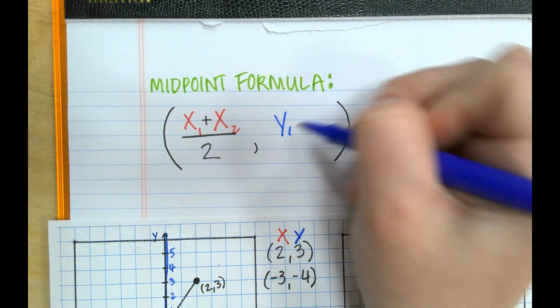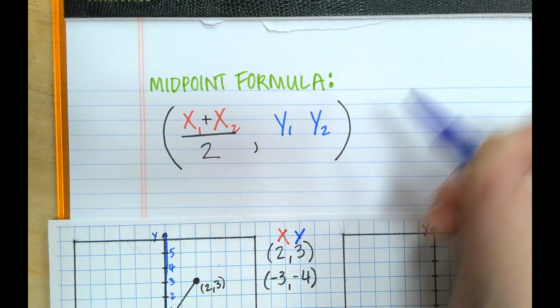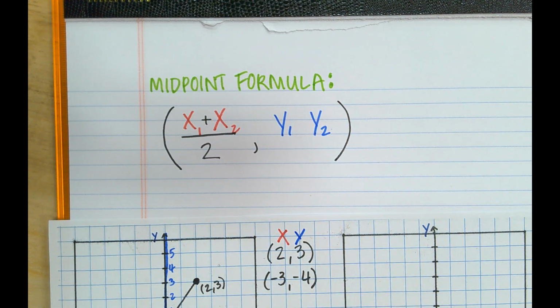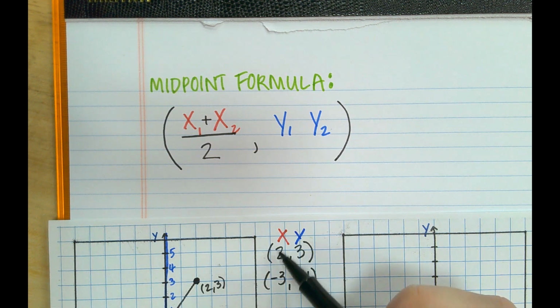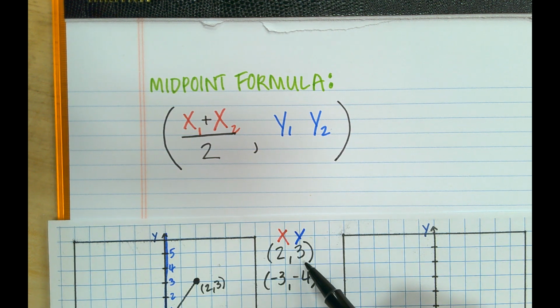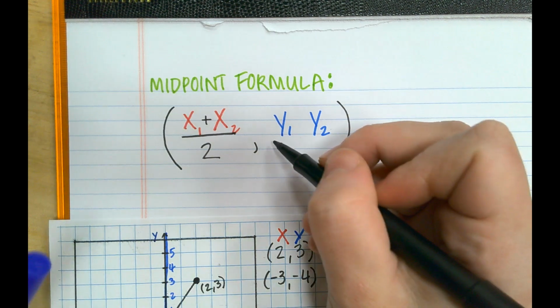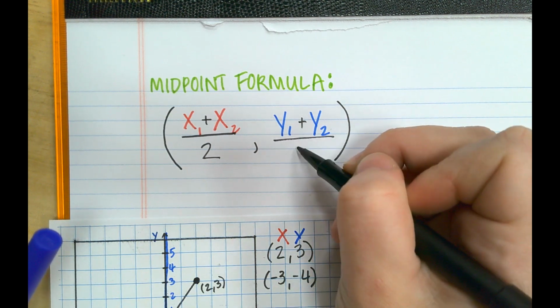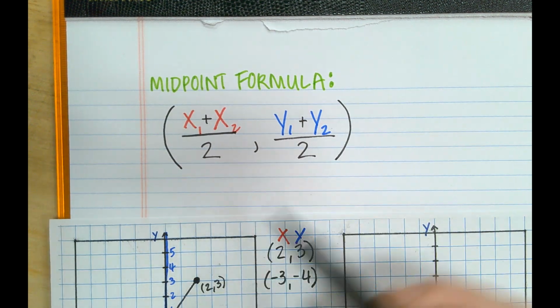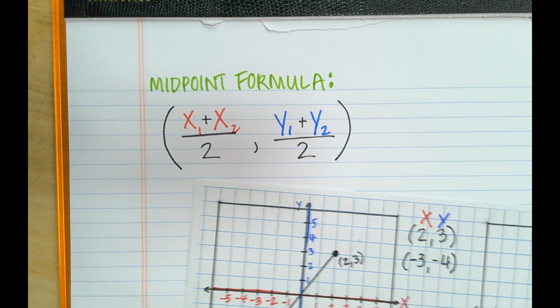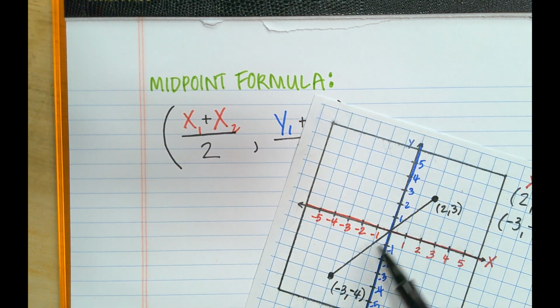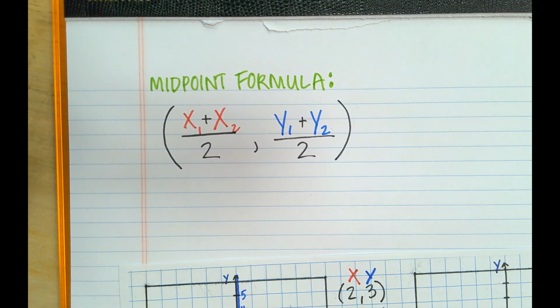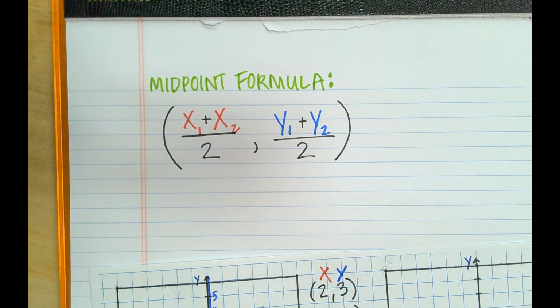I'm just going to take y1 and add it to y2. And when I'm saying x1, y1 and x2, y2, I just mean the x from the first coordinate, the y from the first coordinate, x from the second coordinate, y from the second coordinate. So we just add them together and divide by 2. That's how we find an average. So the average is going to tell us where the middle is. So here's that. That's our formula.